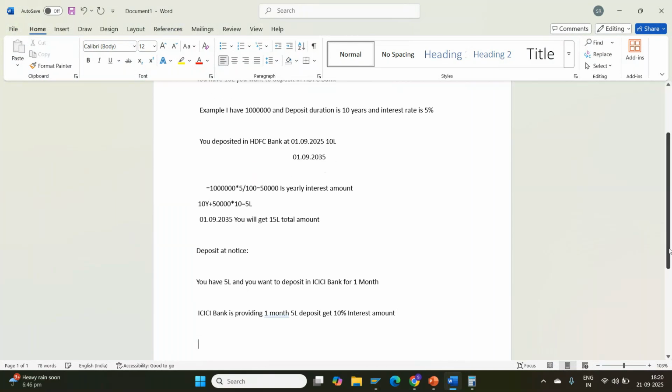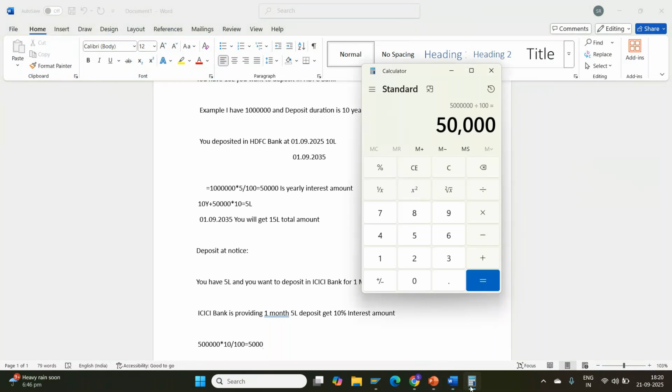You can see 5 lakhs into 10% by 100. What is the amount? 50,000. Or 5,000, we can take the example here: 5 lakhs into 10 by 100.